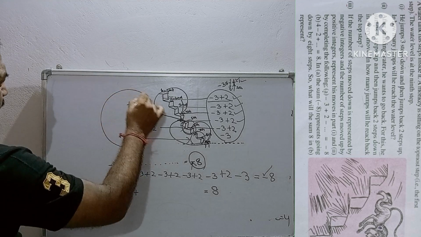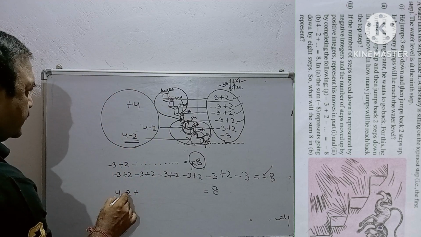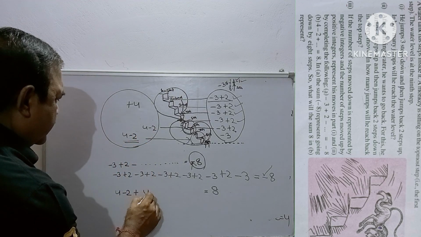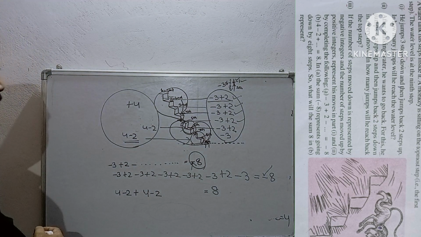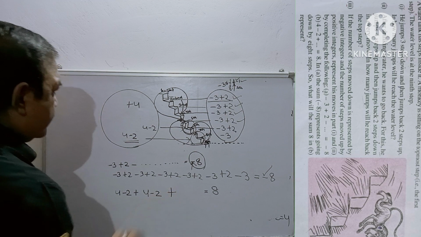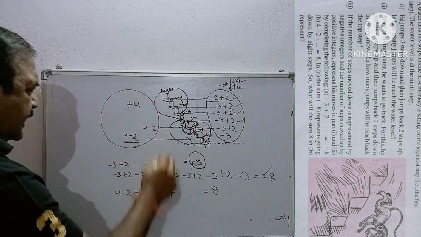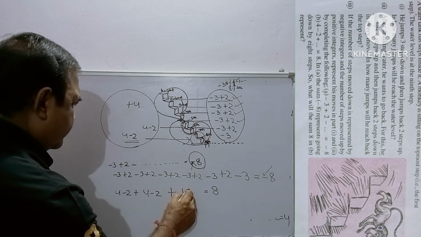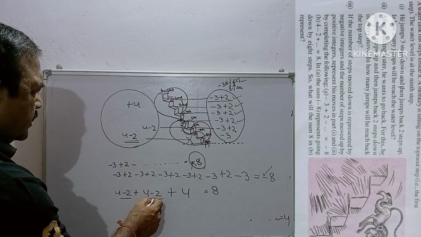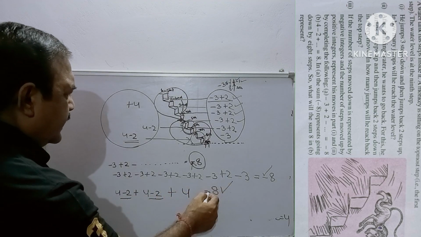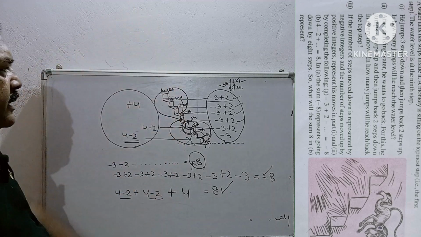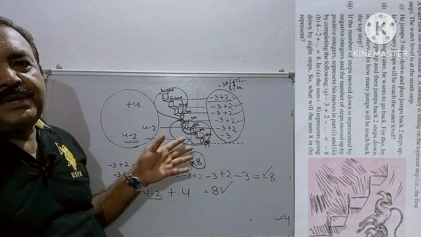And we have to add all these steps. So this is 2 steps up, then 2 steps up. Then 4 steps up for that single jump, but we are calculating the steps. So you see, 2 plus 2 is equal to 4, plus 4, that is 8 and it is the positive sign. Why? Because the monkey is moving upward. Okay? So this is a beautiful question we just discussed.